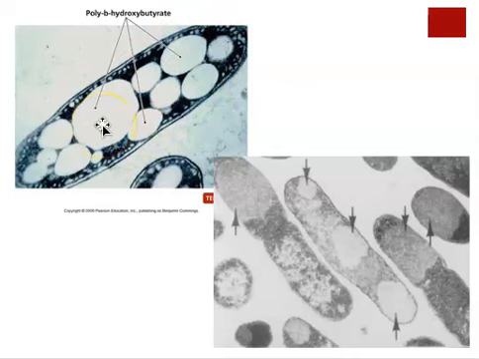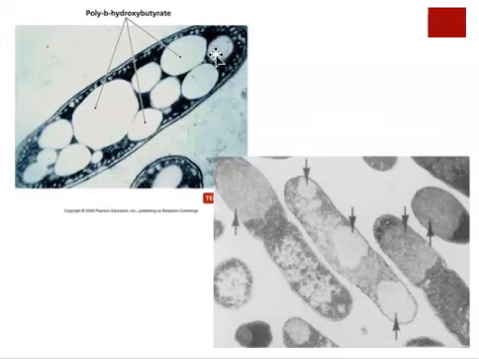These are inclusion bodies, and they happen to be full of lipid. So you can almost think of this as a big, fat prokaryotic cell. It is just loaded with lipid inside. It will use that lipid as energy storage for later on.